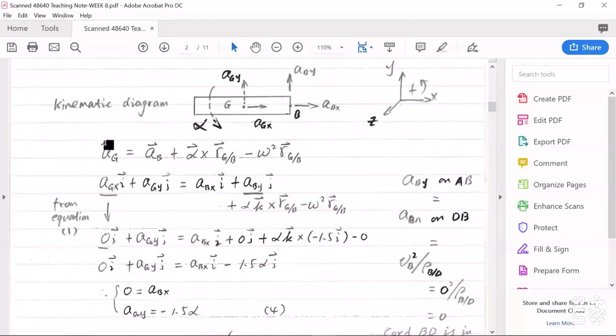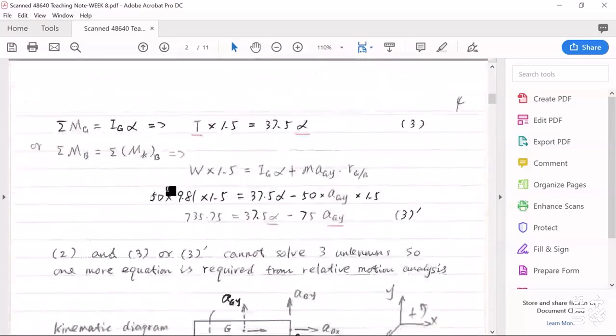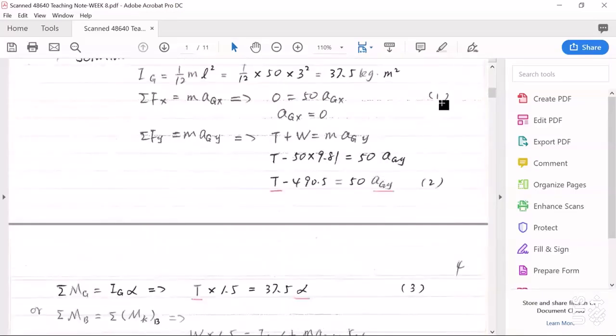On the left side, this is AG. This means AGX and AGY. AGX, in our previous calculation, equation 1, we already got AGX.